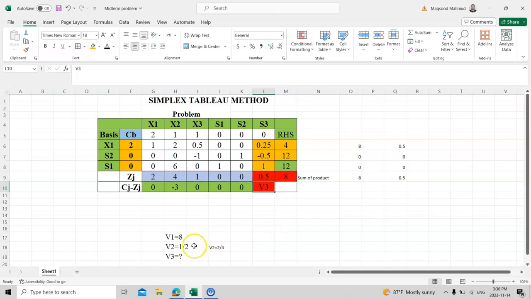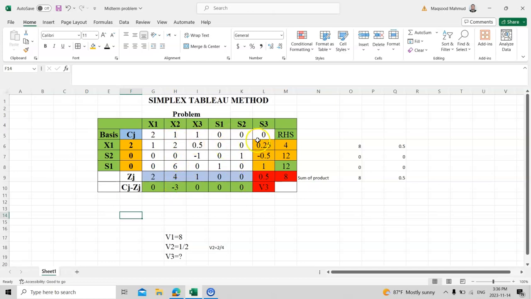Now what about V3? As we already know, Cj minus Zj is the difference between these. I can call this row Cj. So Cj is 2, and 2 minus 2 is 0. Then 1 minus 4 is this one.